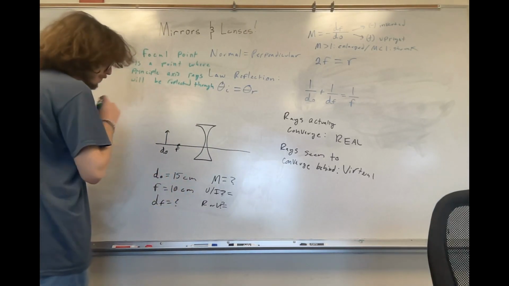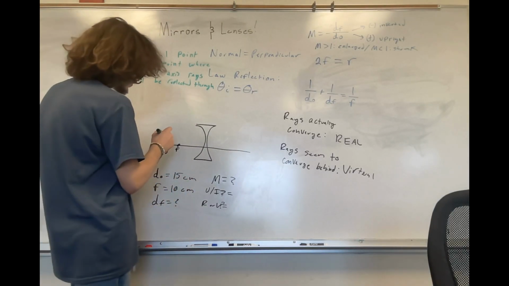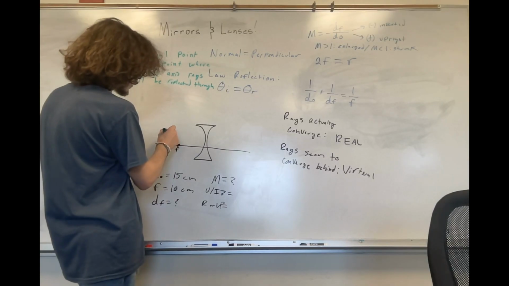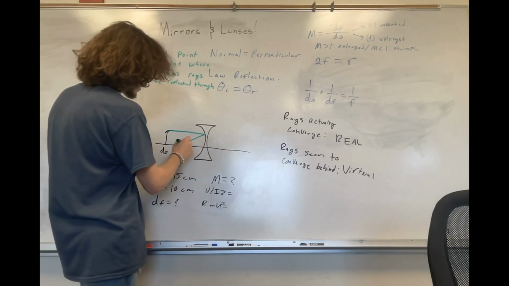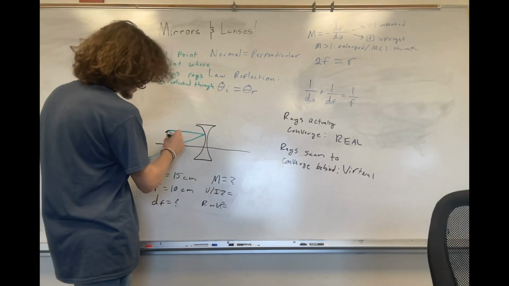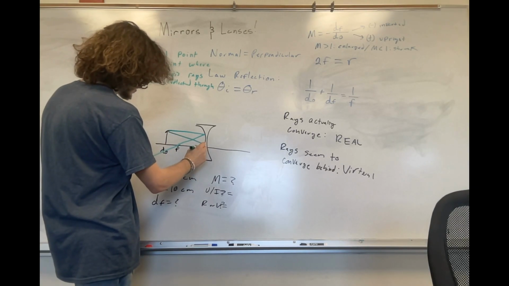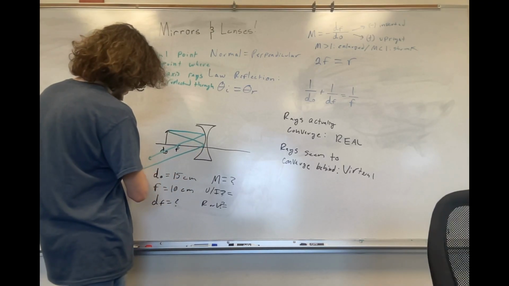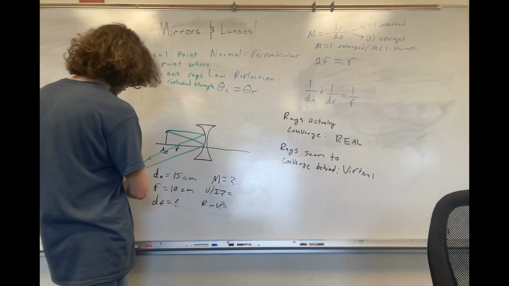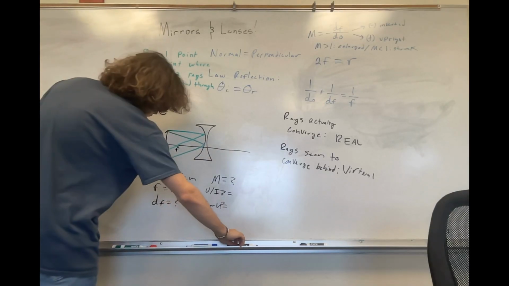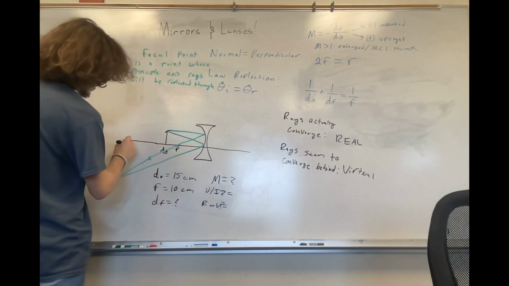Okay, so let's draw a ray tracing diagram just to see what we're working with. We have a ray that comes like that through the focal point, and then this ray here, we just have to imagine might do something like this. So we're going to see that we're going to get a real image.